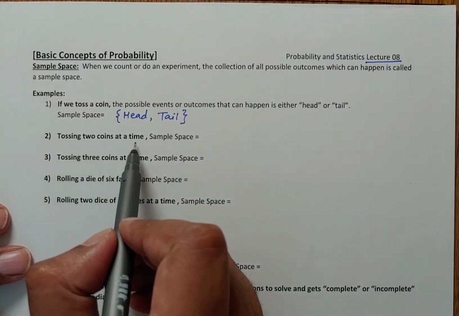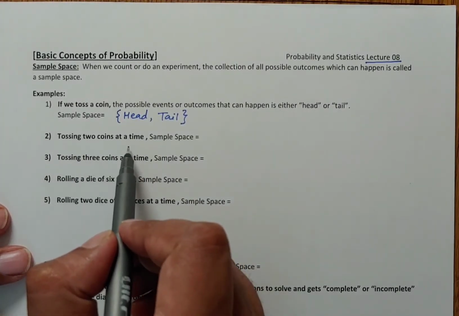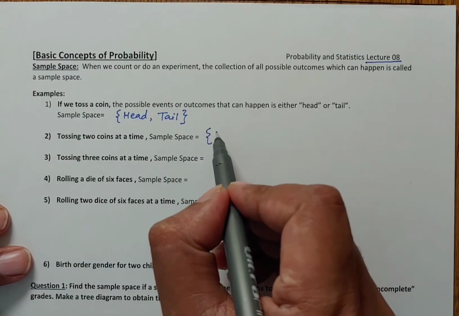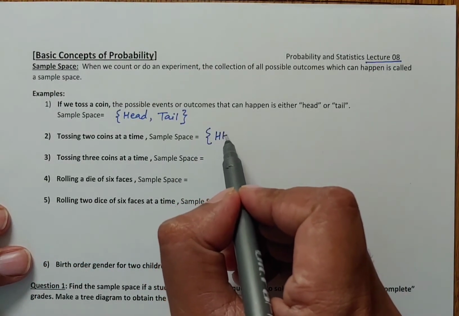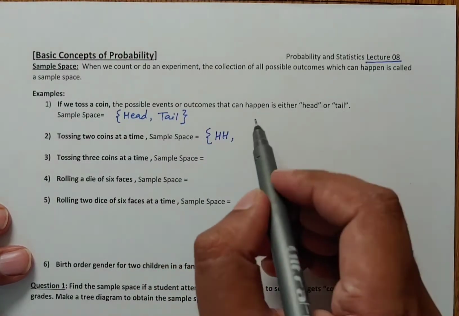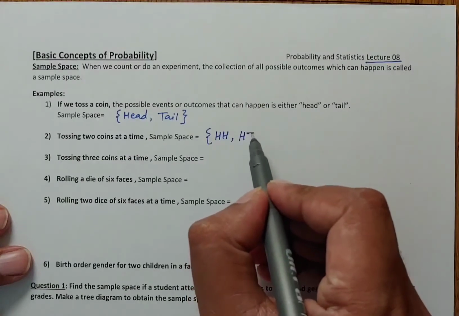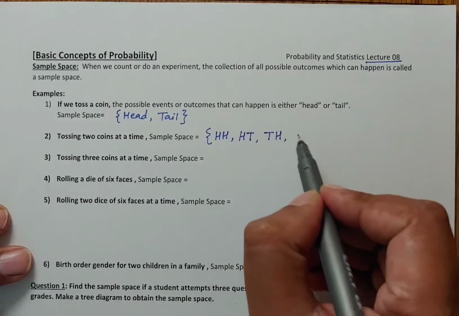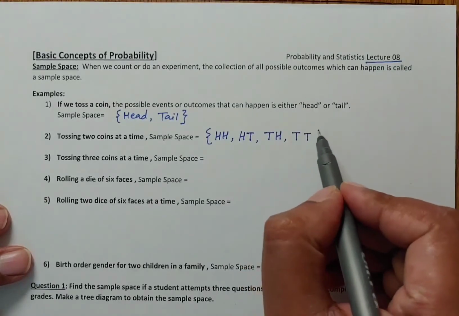Now, tossing two coins at a time. When you toss two coins at a time, you can have either both head, so we write H and H for head and head. Head and tail. Tail and head. And tail and tail.